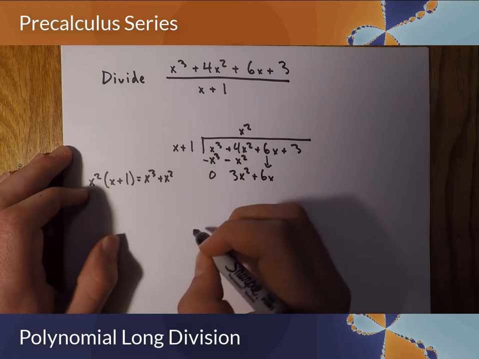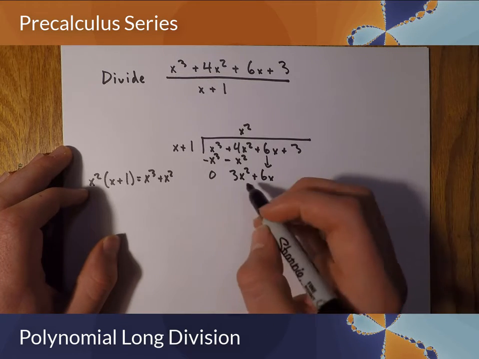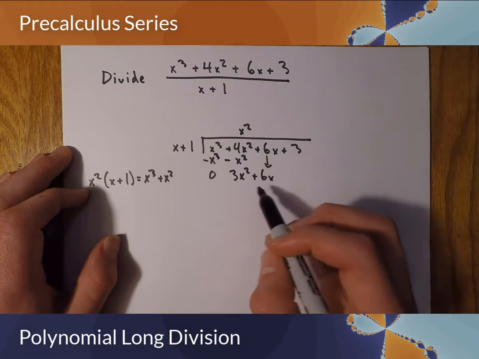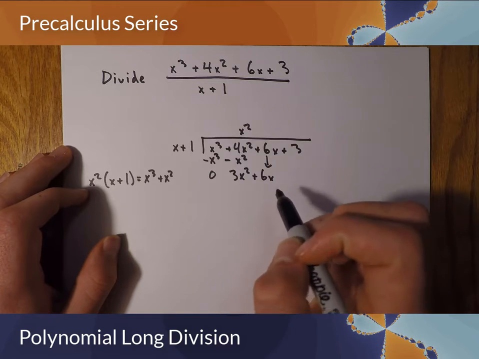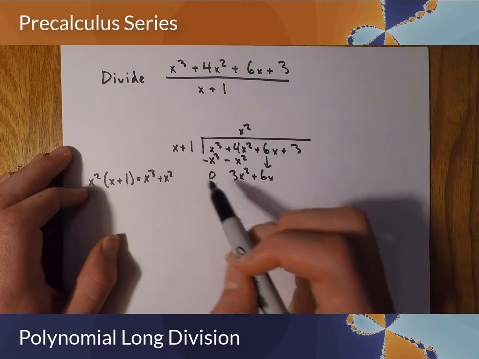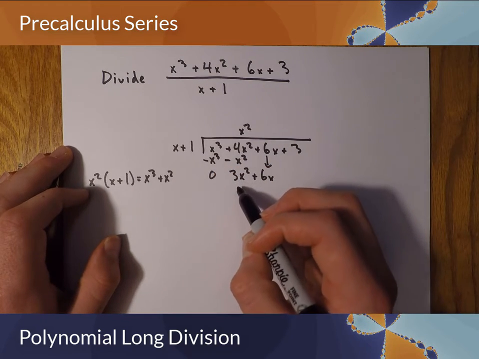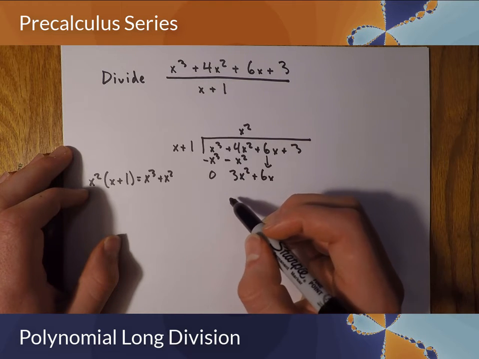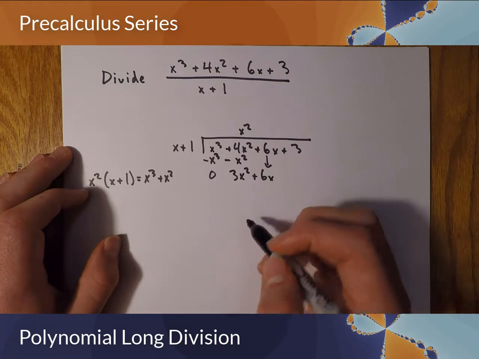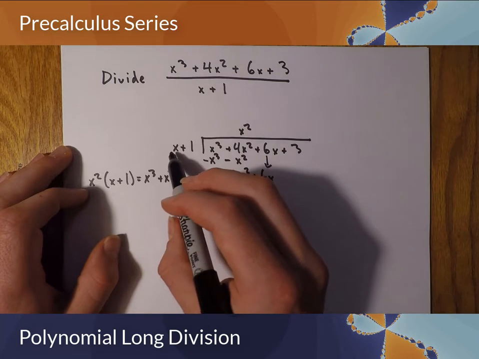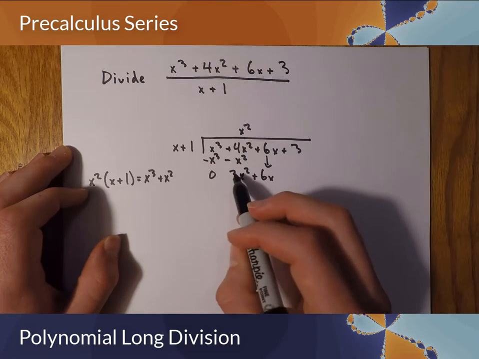So now we probably aren't going to be able to cancel out both terms, but we can figure out how many times the first term of x plus 1 fits into the first term of 3x squared. And so if we multiply the first term x by 3x, we get 3x squared.